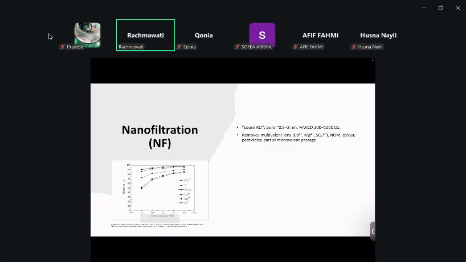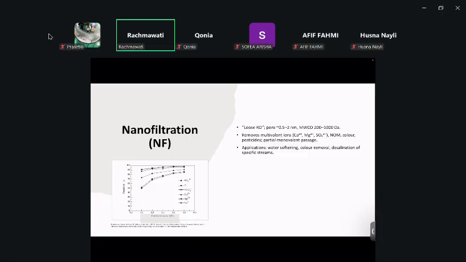So now you have the idea of when to choose which type of filtration you are going to use based on the pore size. So what is it applied to? For example, this is for water softening, meaning that it reduces the amount of calcium 2 plus, magnesium 2 plus, and also color removal, and also desalination of specific streams.